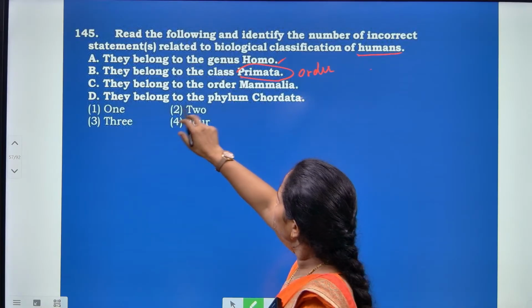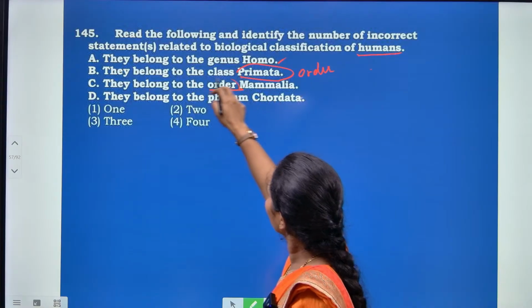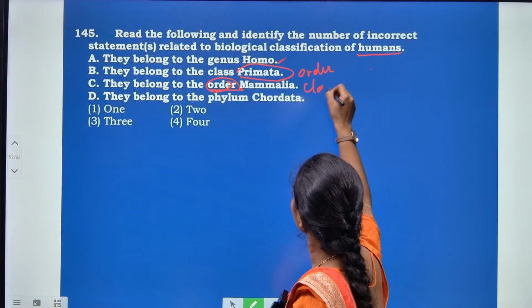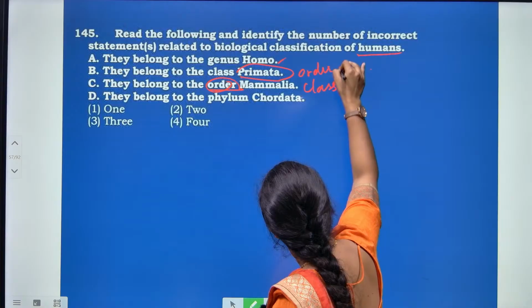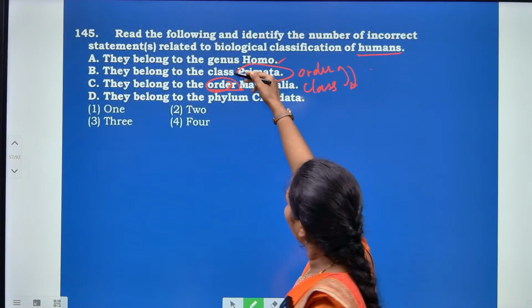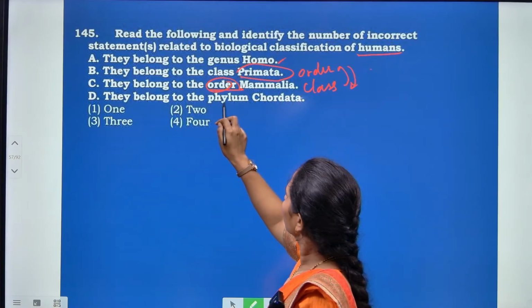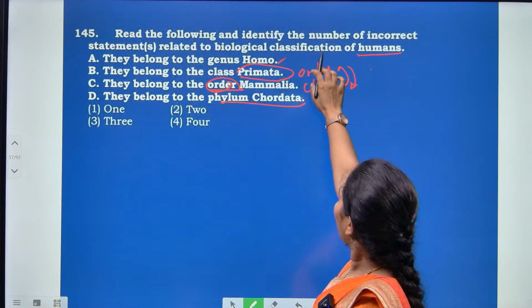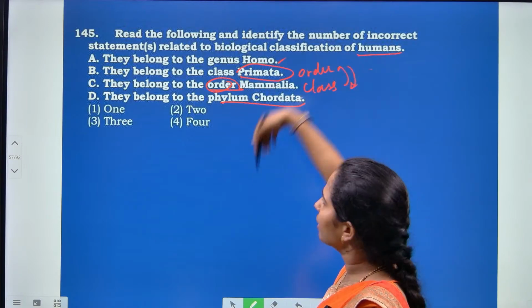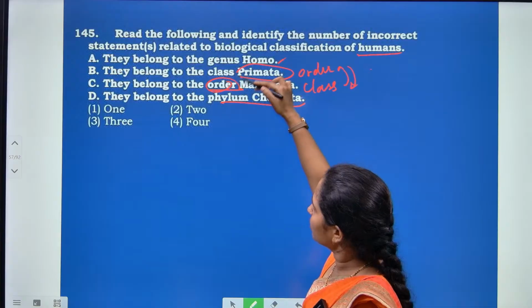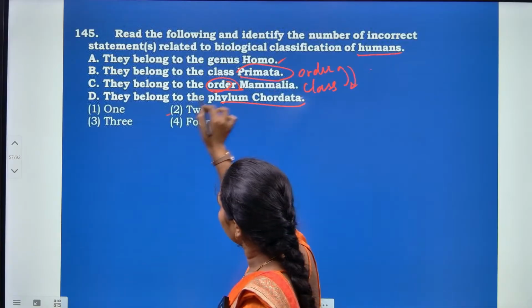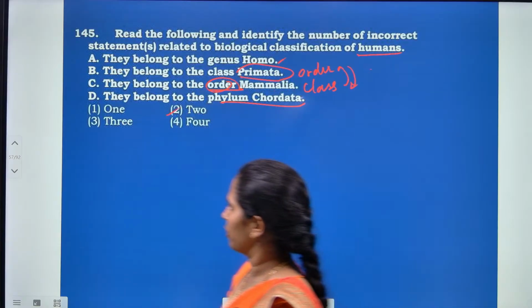And they belong to order Mammalia. It is not an order, but it is a class Mammalia. So there is a change of order and class here. And they belong to phylum Chordata. So identify the number of incorrect statements, and there are two statements which are incorrect. So number 2 is the right option.